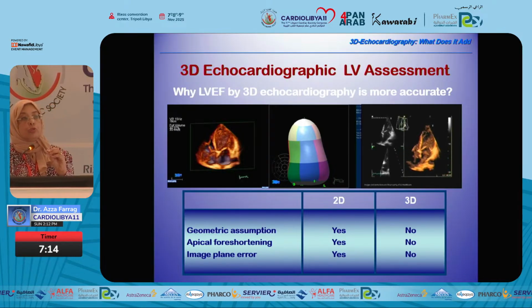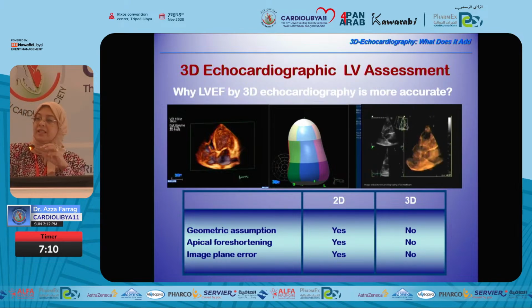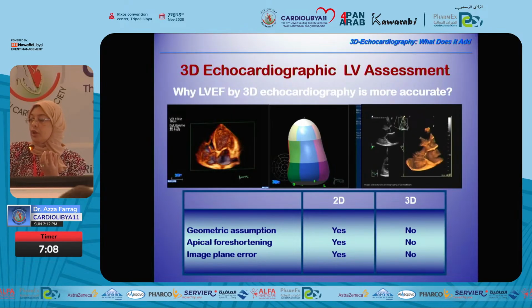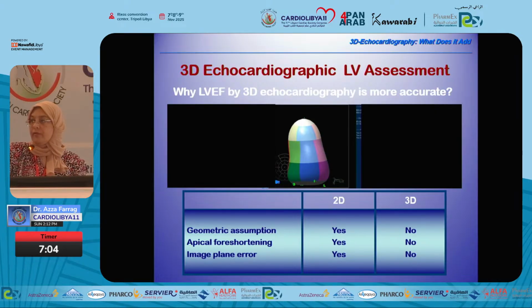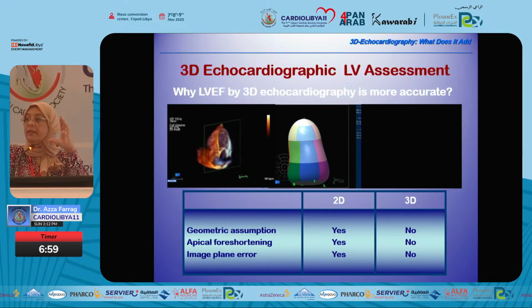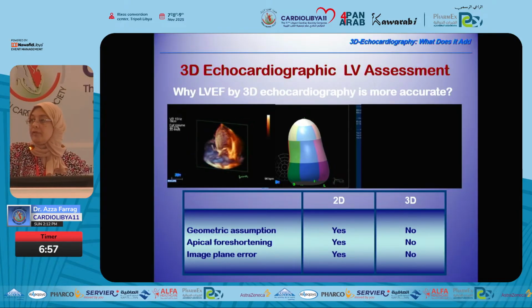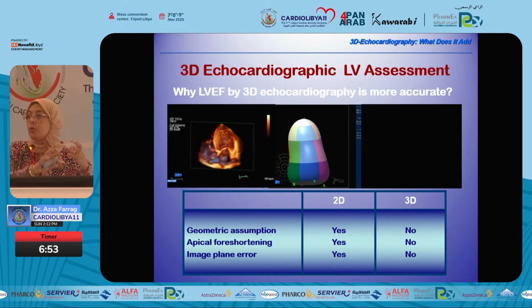I just want you to know something: ejection fraction is one of the parameters that can represent the left ventricular systolic function, but it is not the sole criterion for left ventricular systolic function, because it is not only the longitudinal motion of the left ventricle or the inward motion, but you also have the twisting motion, the twist and the untwist.